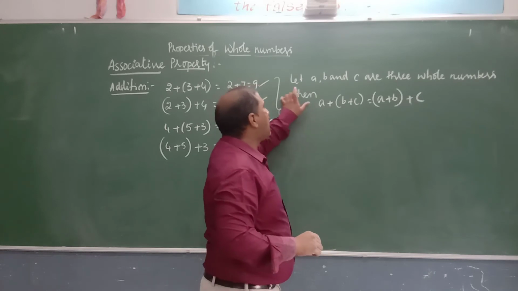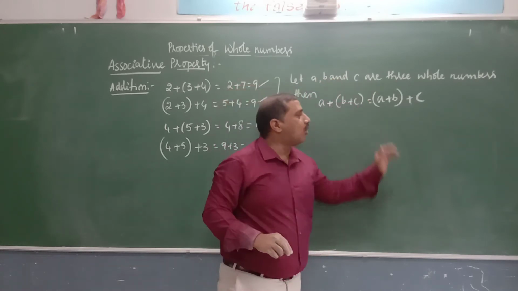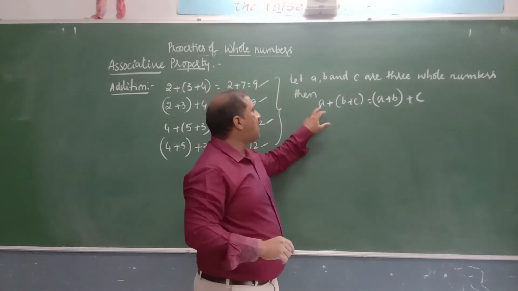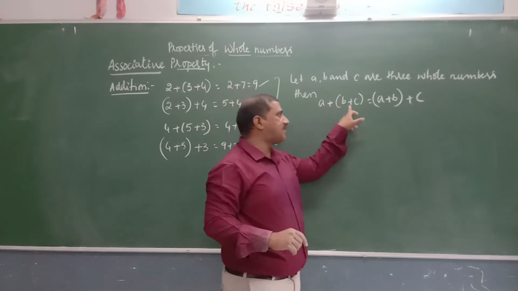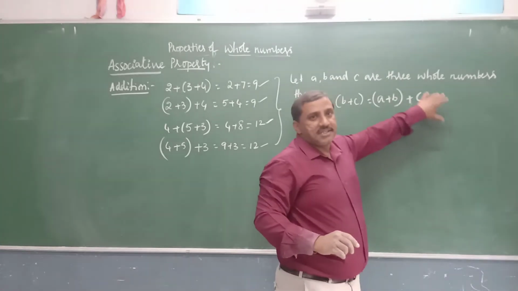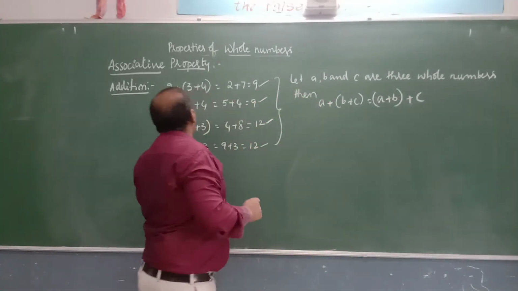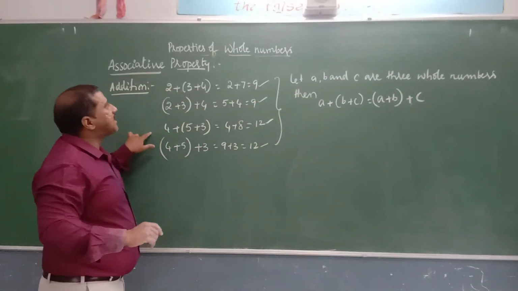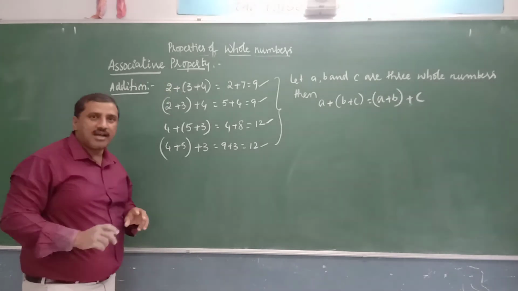So what we can say is, let a, b and c be three whole numbers, then the sum a plus (b plus c) is equal to (a plus b) plus c. This property is known as associative property and it is satisfied by whole numbers under addition.